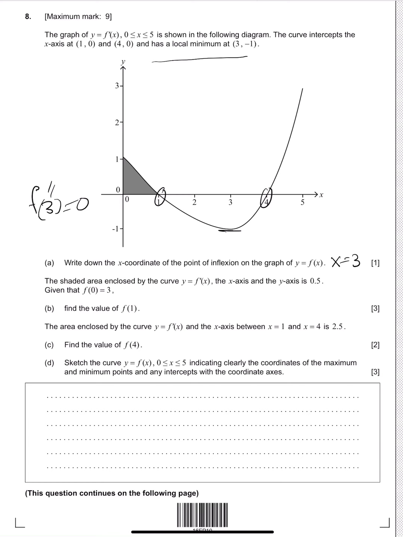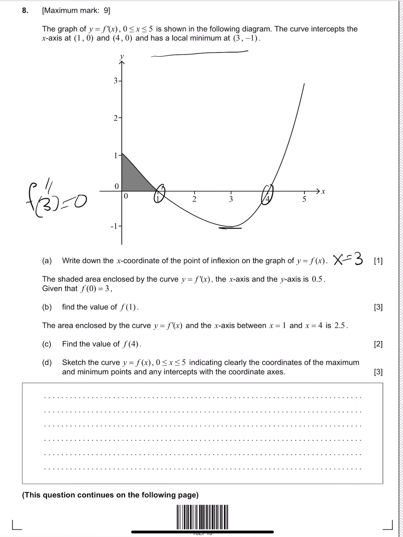Find the value of f of 1. Well, in general, the integral of the derivative is equal to the original function plus a constant. So the integral from 0 to 1 of f prime of x will equal f of 1 minus f of 0.